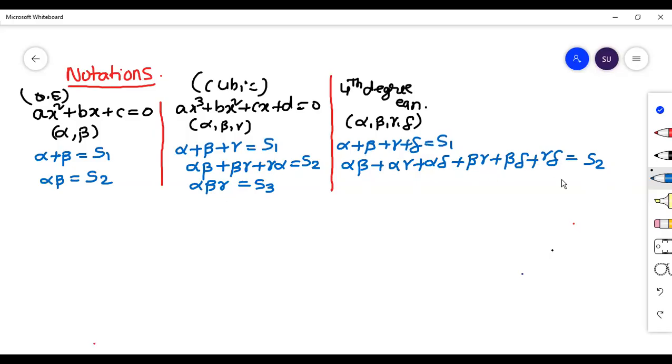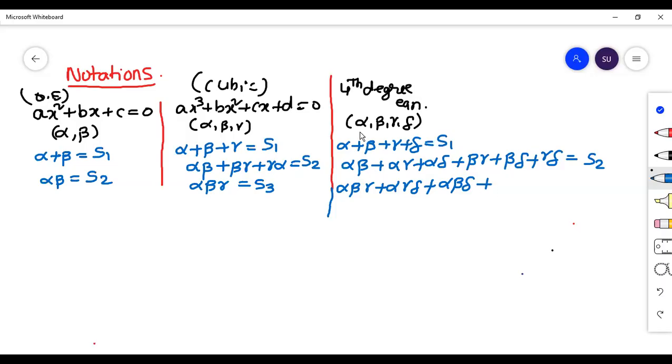Next, let us consider the product of three roots. Alpha beta gamma is one combination, plus alpha beta delta, plus alpha gamma delta.